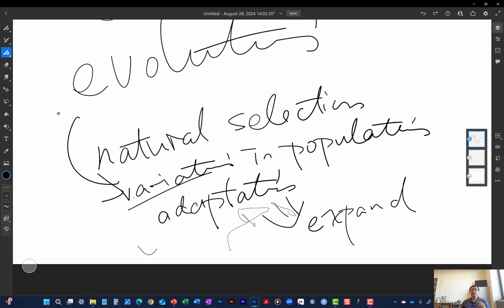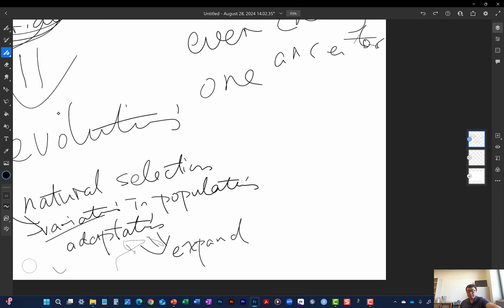In any case, the key about natural selection is that variation pre-exists in the population, and then the environment selects those that adapt to the environment. And how can you evaluate adaptation? There are two things. First, not only one thing, how many offspring will survive.